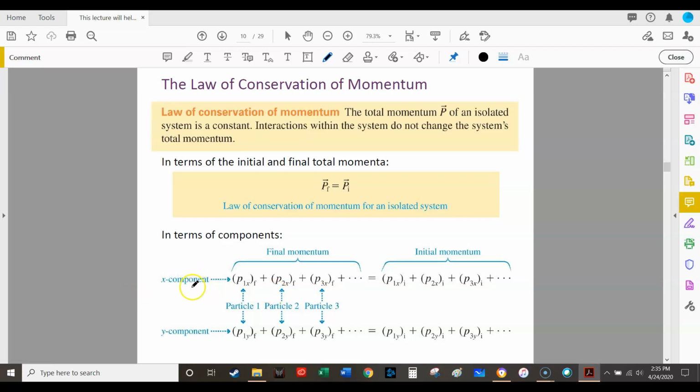Right now we're just going to be dealing with one dimension, just along the x direction or just along the y direction. But this works for both. The initial momentum in the x direction is always equal to the final momentum in the x direction of a self-contained system, okay? And same thing for the y direction.